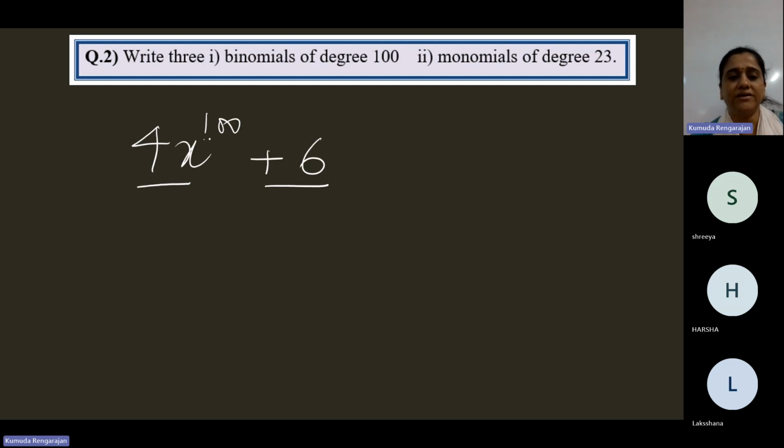And the degree is 100, because the highest power of x is 100. So he's right. Check both the conditions. Is it a binomial? Yes, there are 2 terms. And is the degree 100? Yes, because here there is no variable. In this term, the variable is x and the power is 100. So the degree is 100. Good. Anyone else?